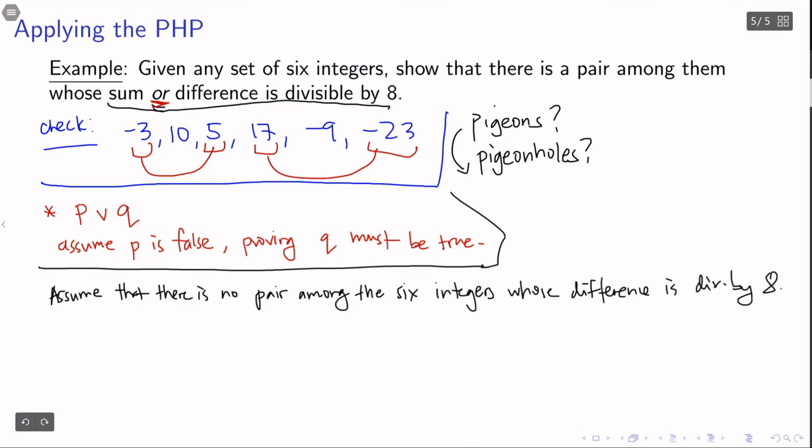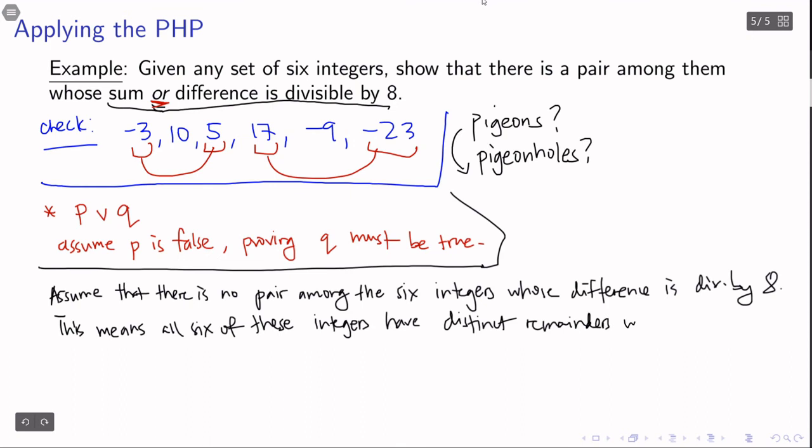Okay. What does that mean for us? Well, basically this means all 6 of these integers have distinct remainders, right, when we divide by 8.